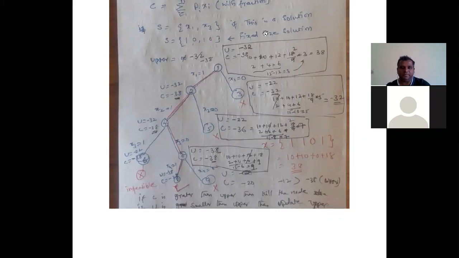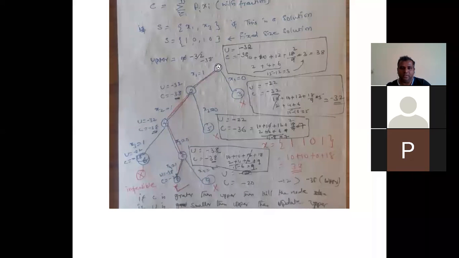Initially, for node 1, the root node, before expanding, first we have to initialize upper equals to infinity, some maximum value. After initializing upper equals to infinity, then find the value of the U function and C function for the root node.